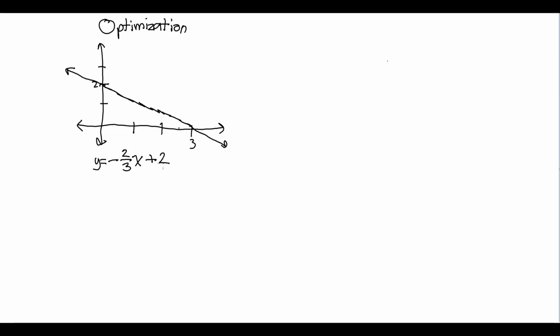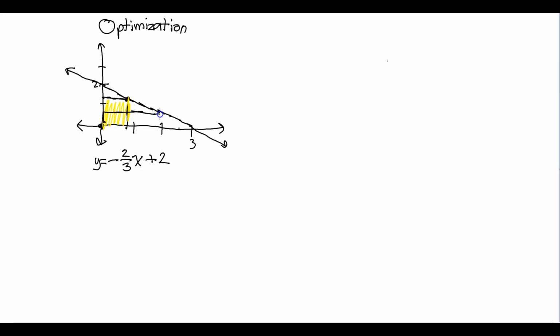Now we're going to form a rectangle by having a point on the origin, a point on the line, and then drawing perpendiculars to each of the axes. So you have a rectangle that sort of looks like this. You have another one that kind of looks like this.